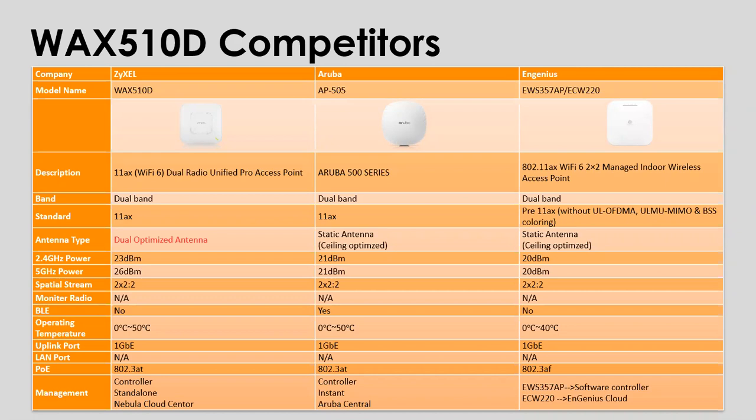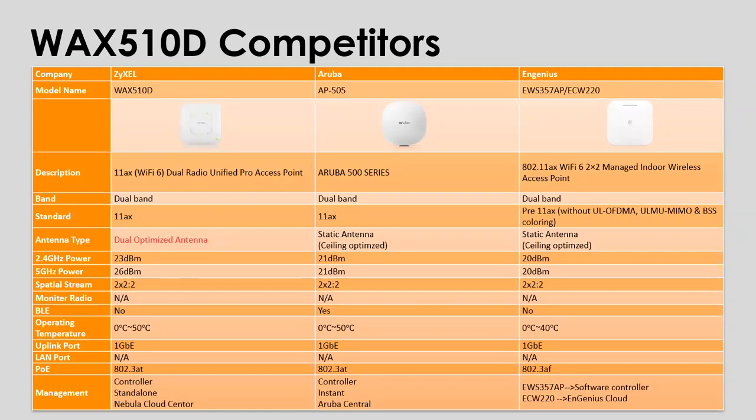So main differences here, you'll see here the Ingenious is not the true Wi-Fi 6. It's that pre-Wi-Fi 6 early chipset that they're using, so they're missing a number of the Wi-Fi 6 features. Aruba is full Wi-Fi 6, just like us. We're the only one here with the dual optimized antennas for that wall mount pattern. You can see we've got much better output power than our competition there.